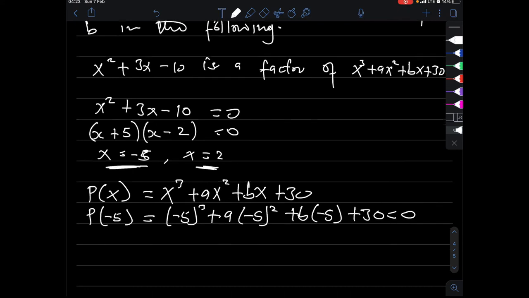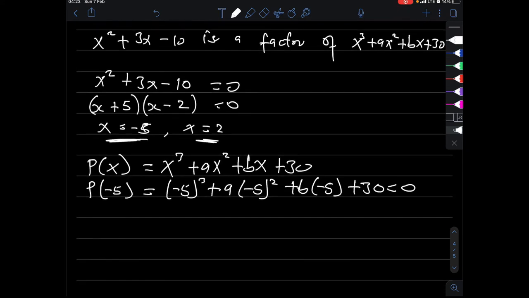Negative 5 raised to the power 3 should be negative 125. Then 5 squared is 25, so we have 25a, and then negative 5b, plus 30 equals 0.